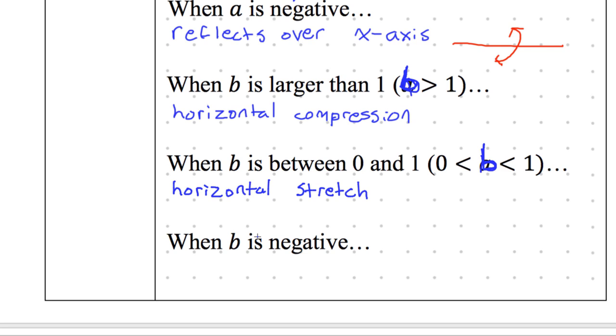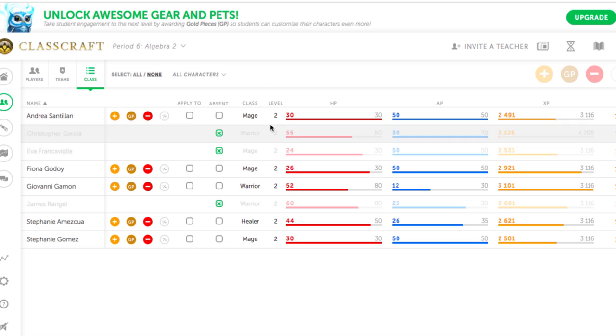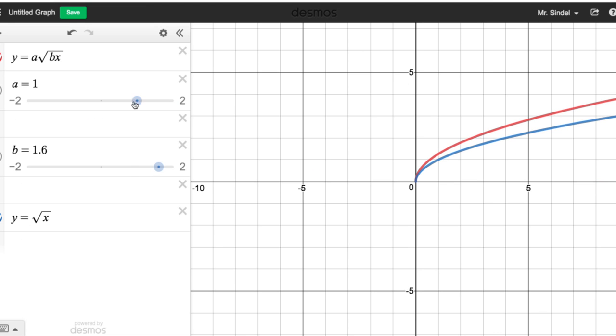When B is negative. This one is easier to see on this graph. On the graph of the square root function. So here it was at 1. Now this red function is going to be negative 1. Sound effects. What do you notice? What happened? Use Gio's word reflect.